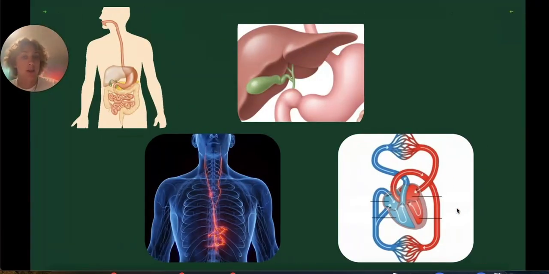Finally, the autonomic nervous system plays a big role in digestion. There are actually 2 branches to the autonomic nervous system, the parasympathetic and the sympathetic branches.